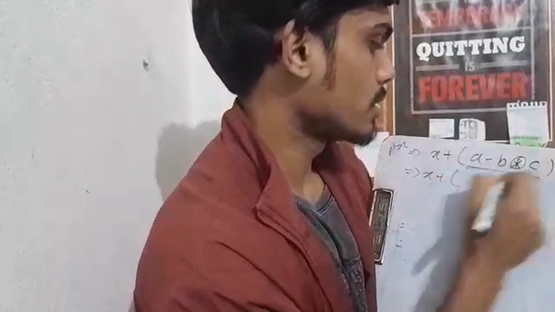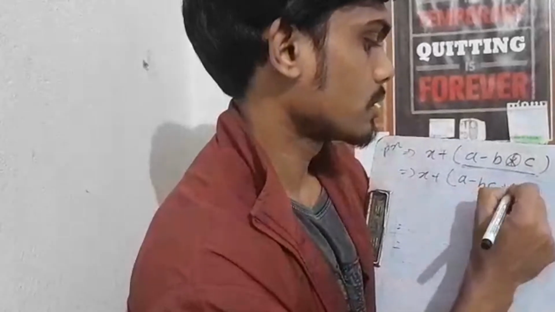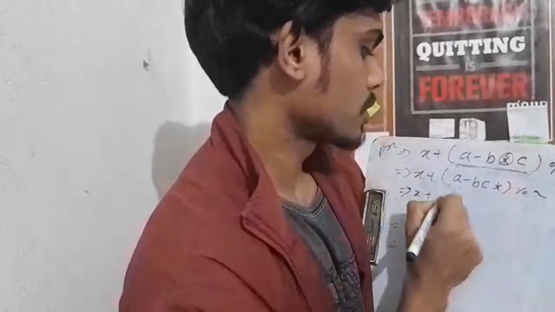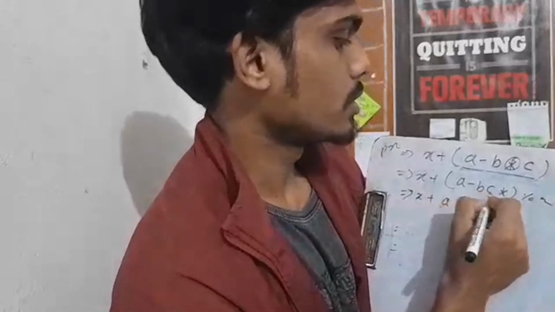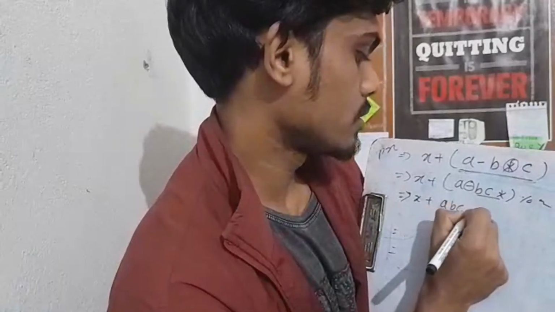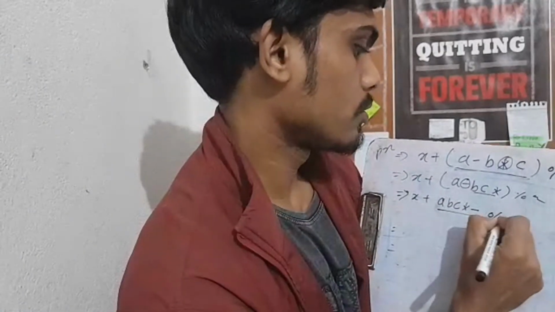So here is this expression, asterisk, expression, where this is the whole, and here b c asterisk minus, this will be converted.